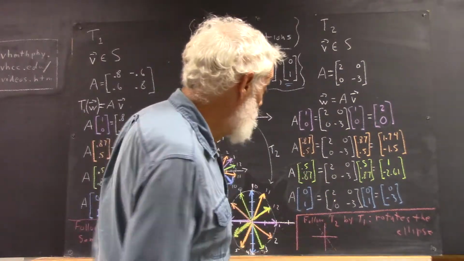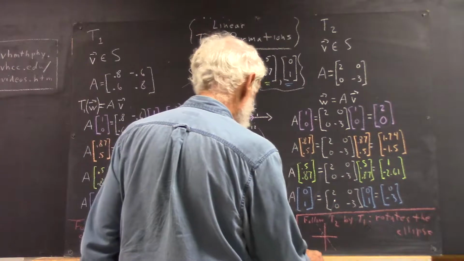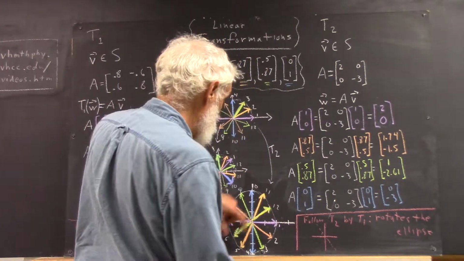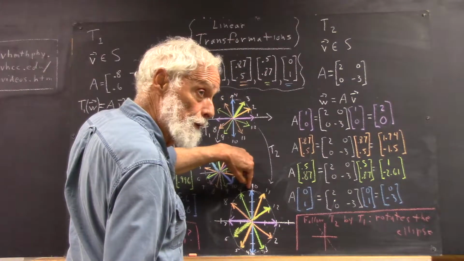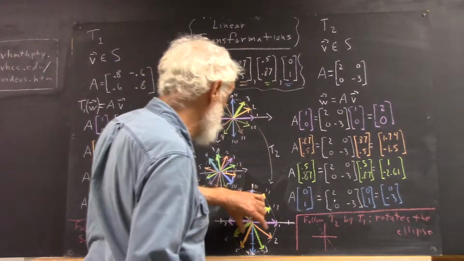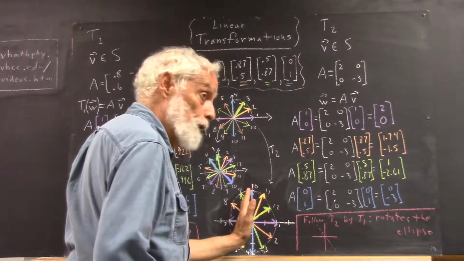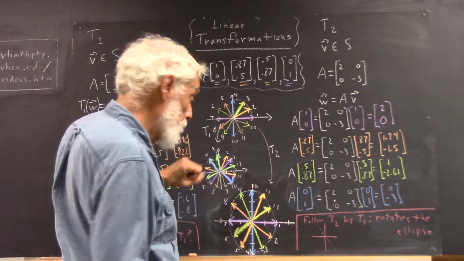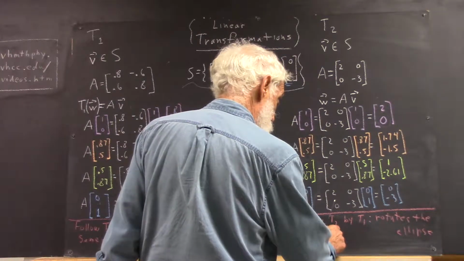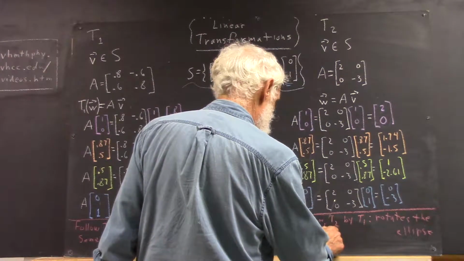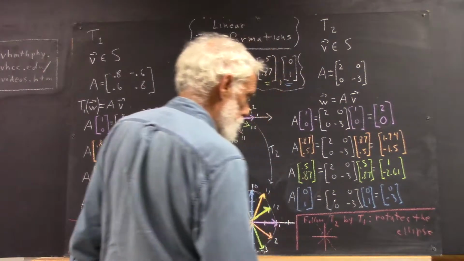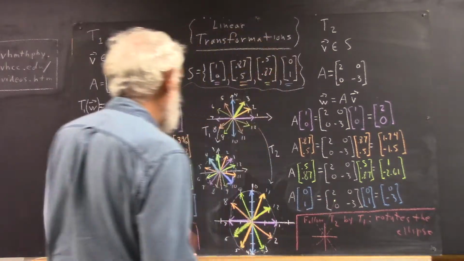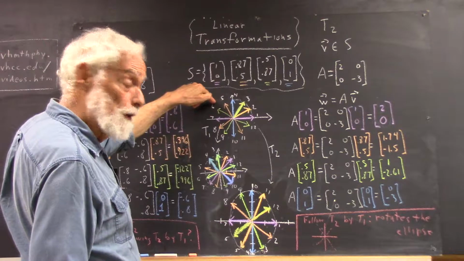I'm not going to bother marking them on the axes. And then in this direction, which is perpendicular to this direction, and is going to stay perpendicular, these two directions are going to stay perpendicular because transformation T1 rotates everything by the same amount. So we're going to have kind of another axis of length 2 here and 2 here. Again, this rotates and doesn't change the length.